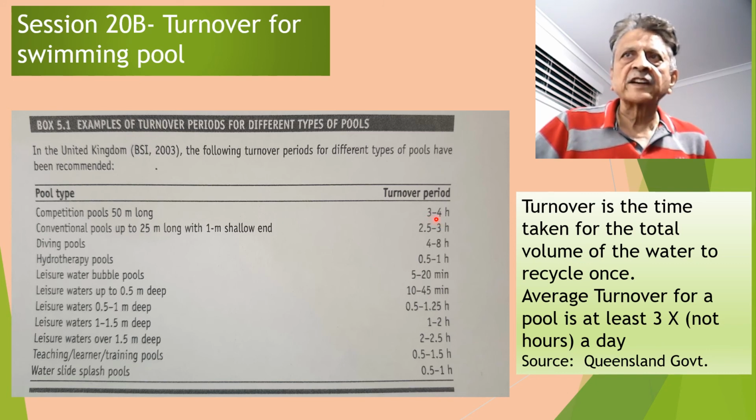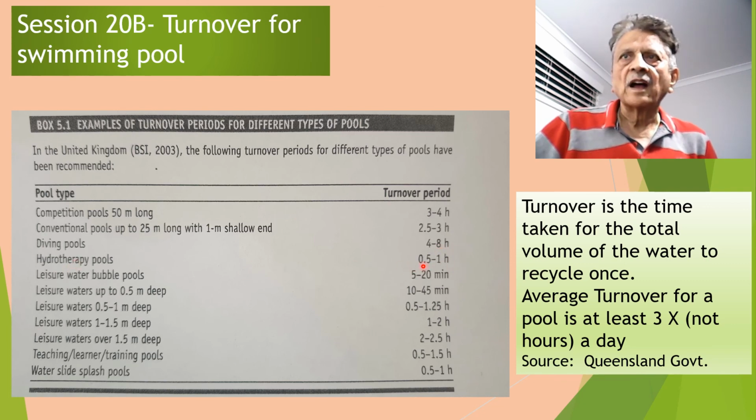When we say 3 to 4 hours, it means the whole 50-meter volume of the pool must go through the pump between 3 to 4 hours. For conventional pools 25 meters long, the turnover period is 2.5 to 3 hours. For a diving pool, it's 4 to 8 hours.